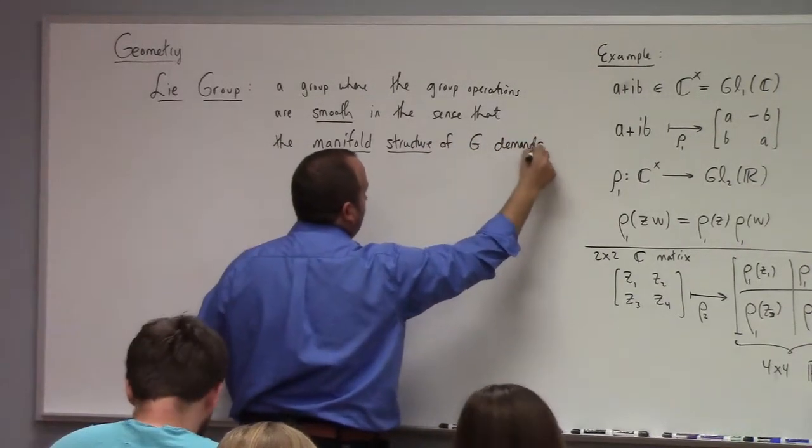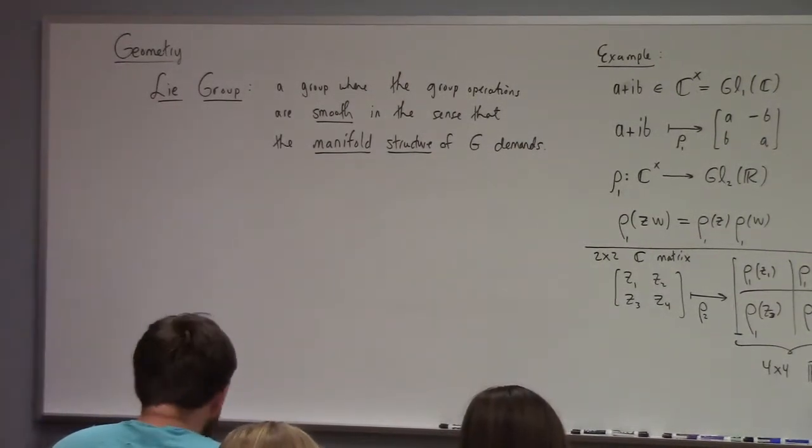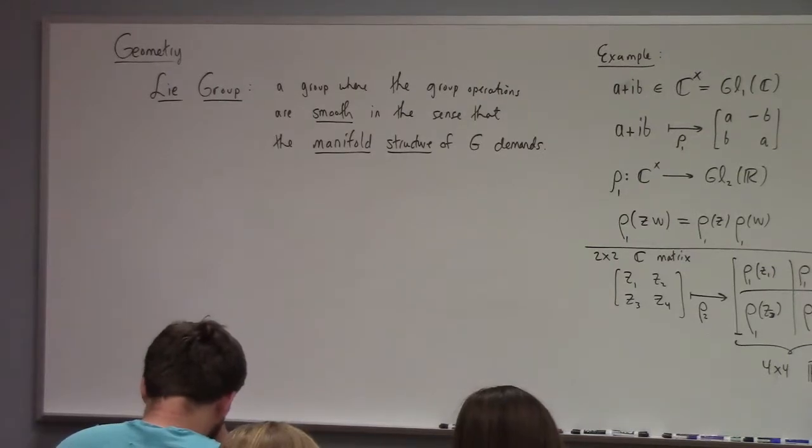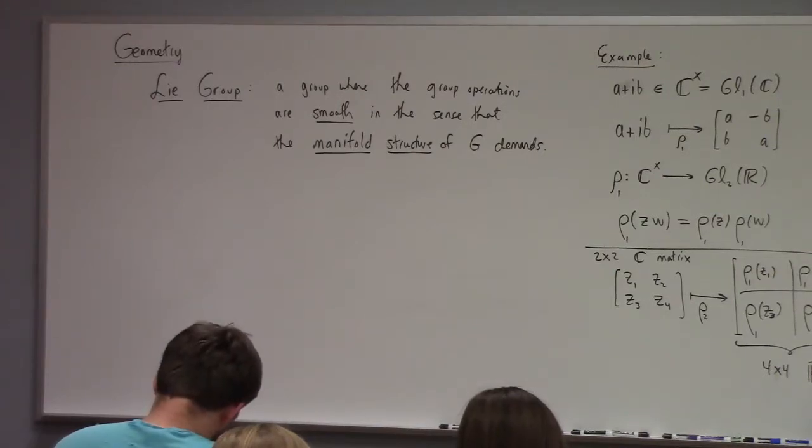So in other words, a Lie group is both a manifold, which by the way is an abstract set on which you can do calculus, and an abstract group. It's both of these things at once. It's the marriage of group theory and analysis, right? That's what a Lie group is.